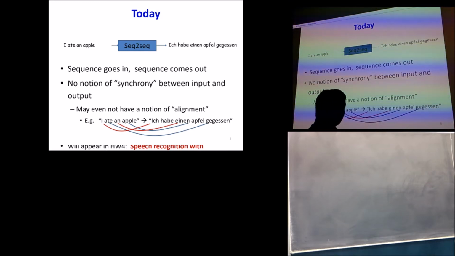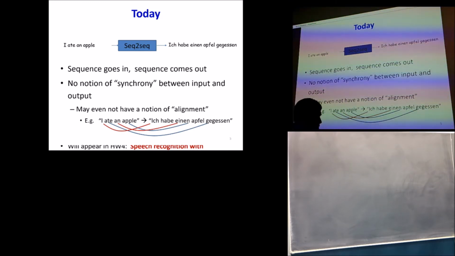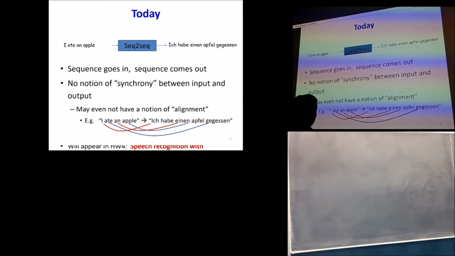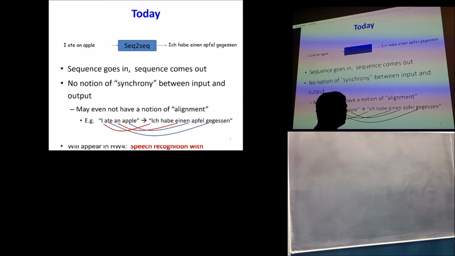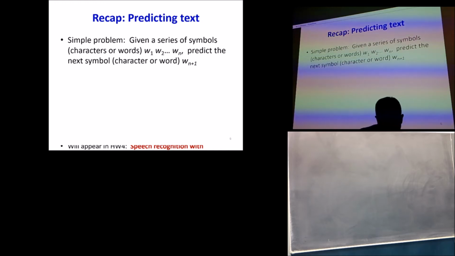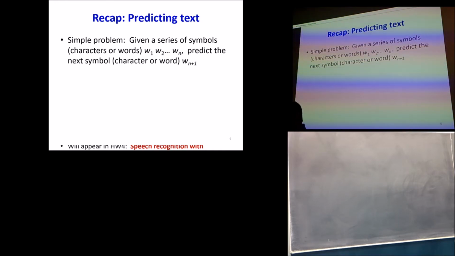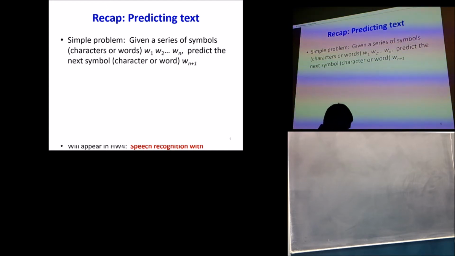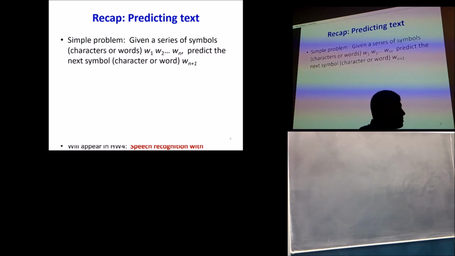Today, we are looking at the second problem, which is problems like machine translation, where the synchrony is lost, as we saw in this example just now. Now, before I continue, we will quickly recap a problem that we've already seen because it's related to the models that we will be considering.